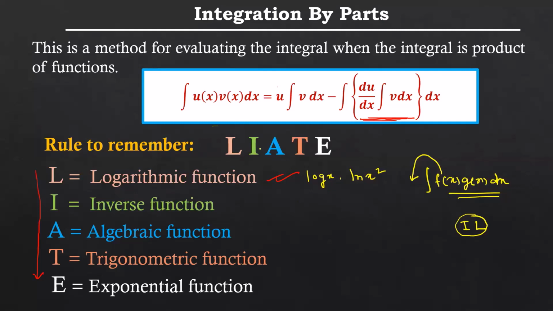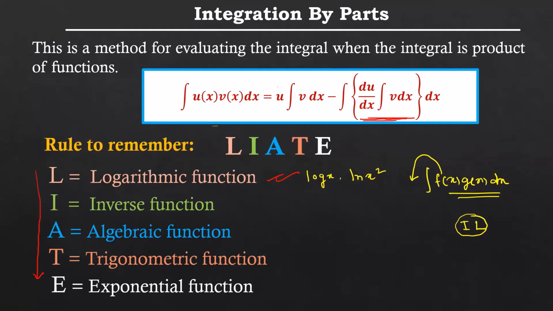You can check that on the internet. If an L and I type of function occurs, and you take any one term outside and the other inside, you can solve in both methods.